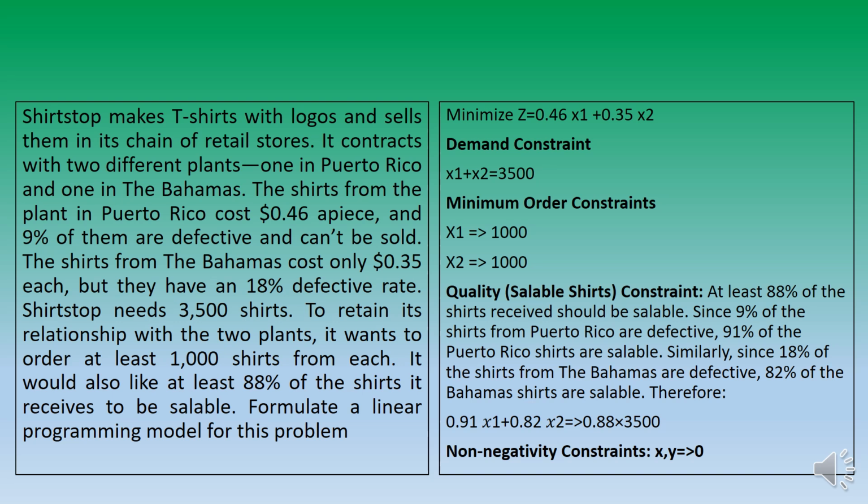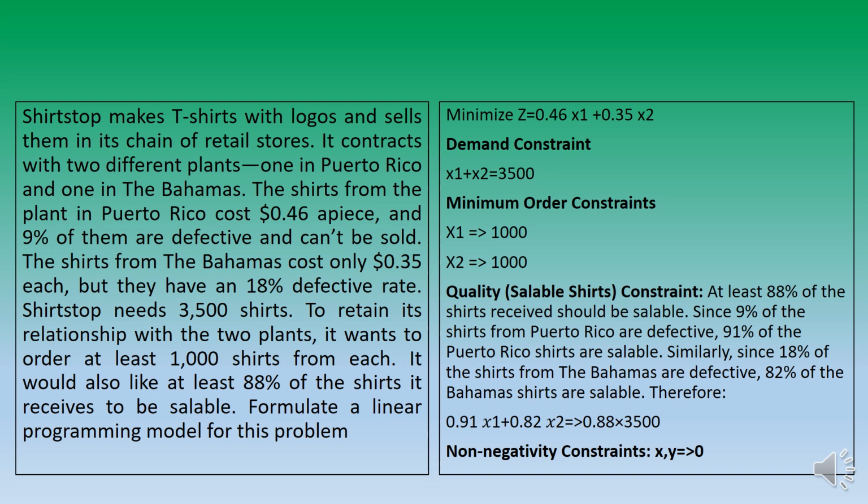That will become 91% of Puerto Rico shirts are sellable. Let's simplify it: at least 88% of shirts received should be sellable, since 9% of the shirts from Puerto Rico are defective.